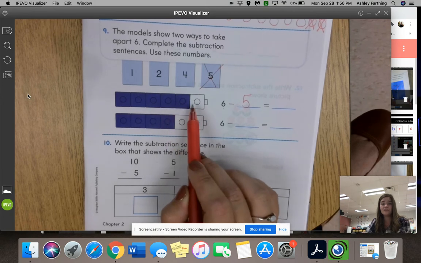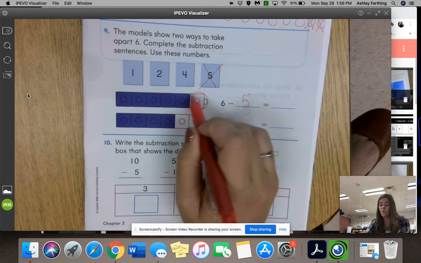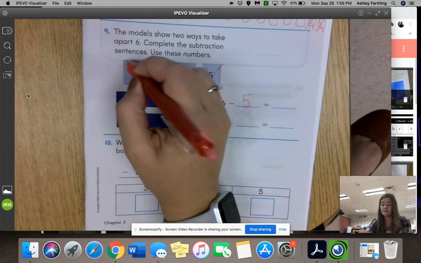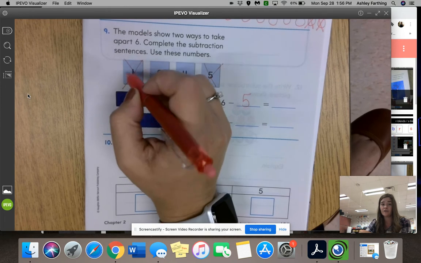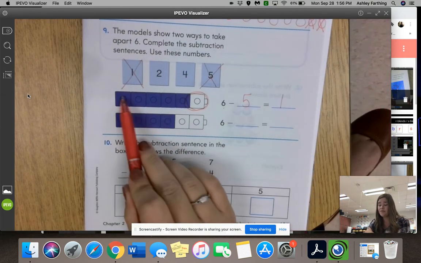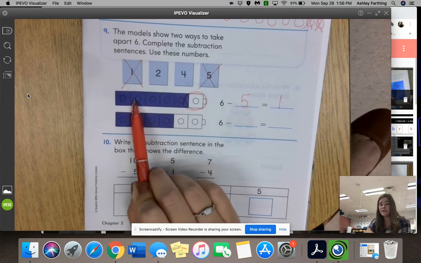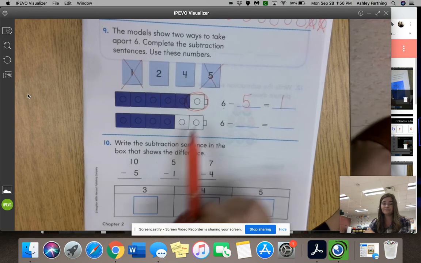How many white ones do we have left on this one? We just have 1 white left. So I've used this 1. Remember, I'm crossing them out so I know that I've used them. I've used that 1. I'm going to put it right here. So this picture shows us 6 minus 5 equals 1.